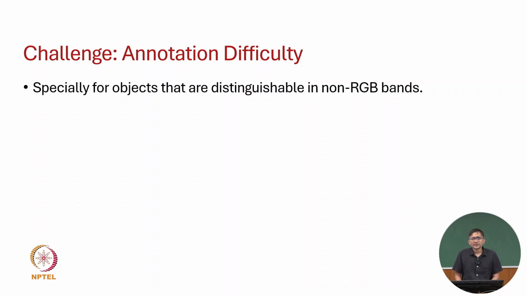Whereas, let's say some particular information is visible more in one of the SWIR bands. So the distinguishability comes from those bands. This may lead to annotation difficulties with respect to those particular classes.